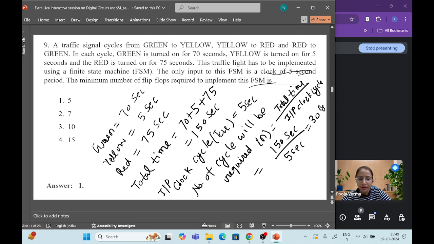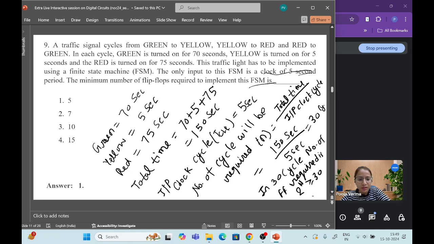So in 30 cycles, the number of flip-flops required, I'm writing flip-flop in short FF, is given by 2 to the power n must be greater than or equal to 30, where n is the number of flip-flops.